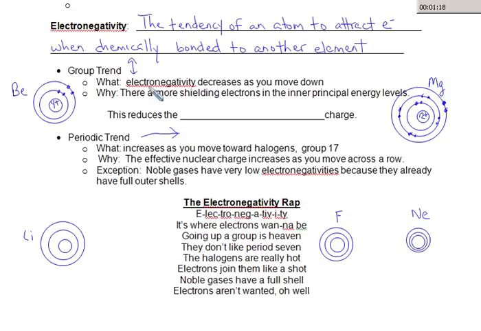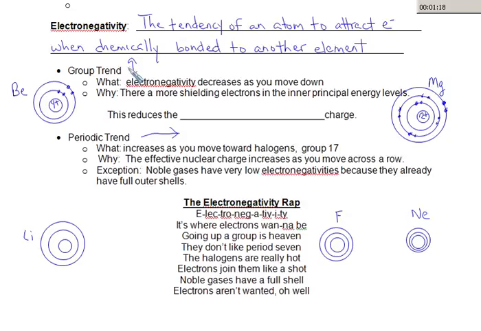Okay, let's take a look at what happens. Electronegativity actually decreases as you move down. And here's what happens. Electronegativity is how much an atom wants to attract another electron to itself. So we have an electron that's kind of flying around.